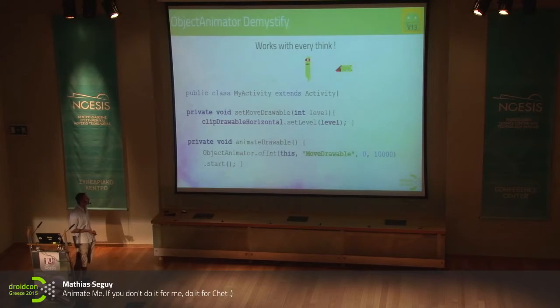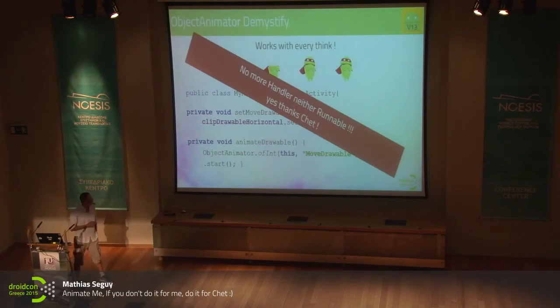Then when I want to animate it, I say ObjectAnimator.ofInt, of this, because I'm here, I want to move with the setMoveDrawable method, from 0 to 10,000. And I start, and it will animate my drawable. So this is a good way to do it now, and no more handler and runnable.